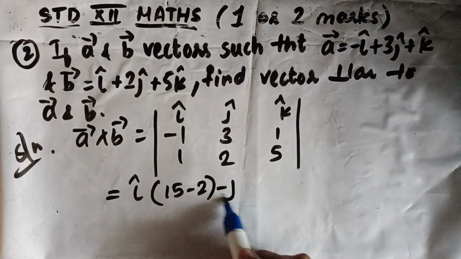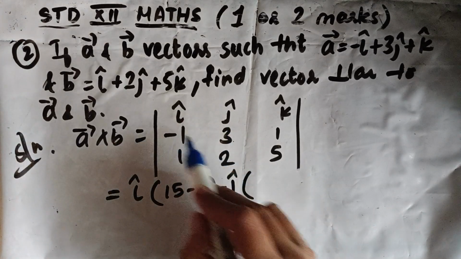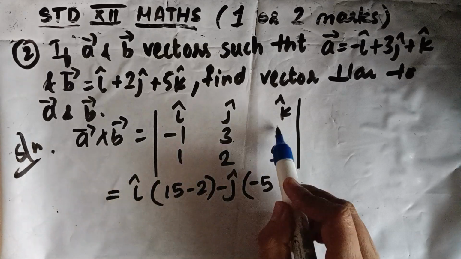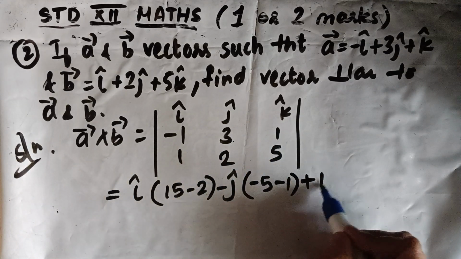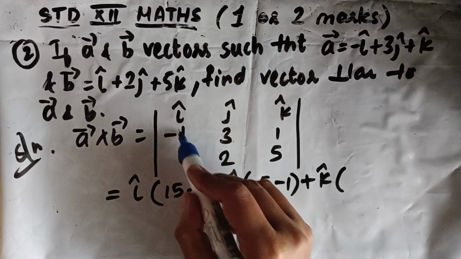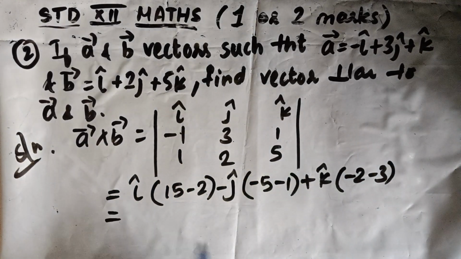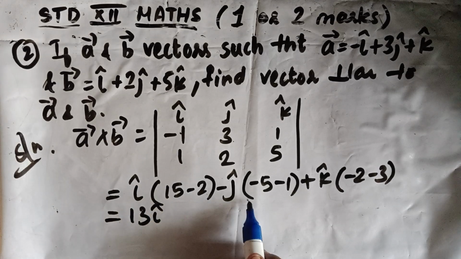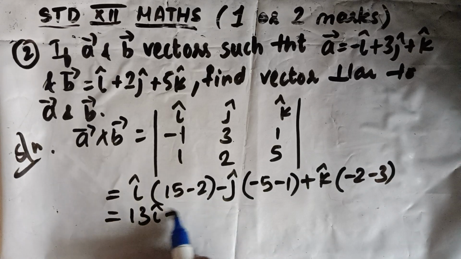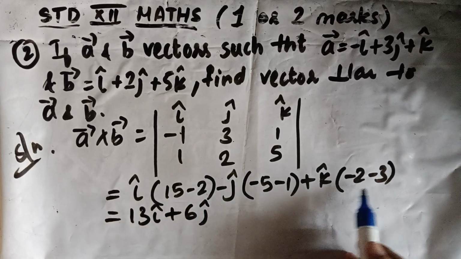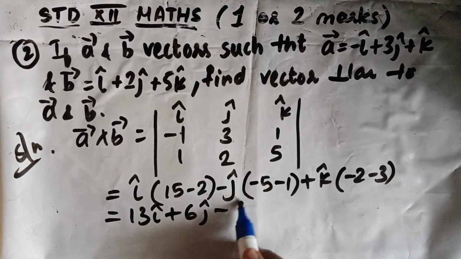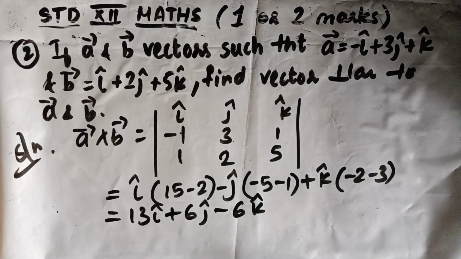Minus 2 minus j, minus 5 minus 1, minus 2 minus 3. So 15 minus 2, 13i, minus 6 plus 6j, minus 6k. Okay, this is our A cross B.